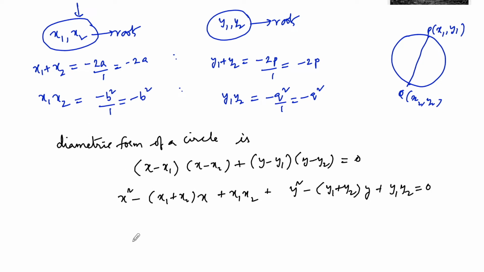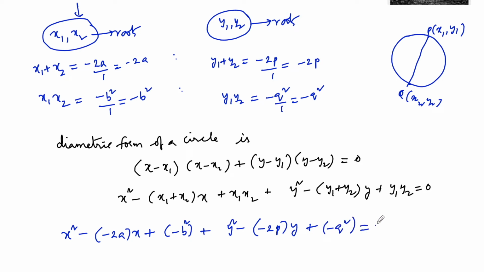X1 plus x2 is negative 2a, so we can write here x square minus of minus 2a of x plus x1 x2 is minus b square plus y square minus of y1 plus y2, which is minus 2p, of y, and plus y1 y2 is minus q square, which is equal to 0.